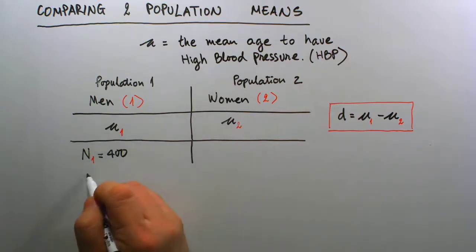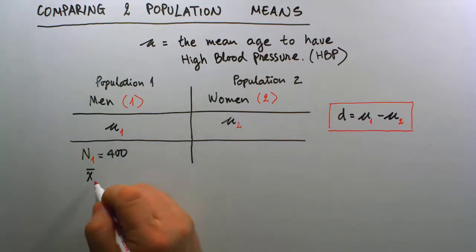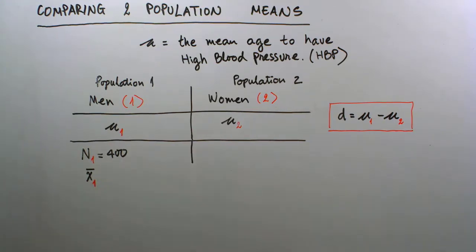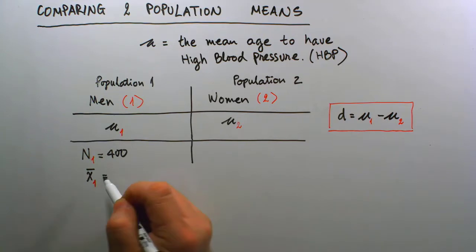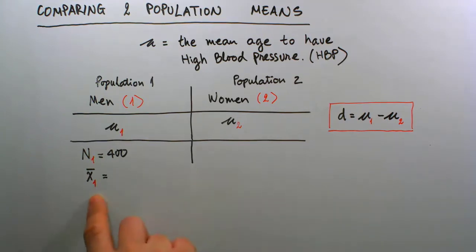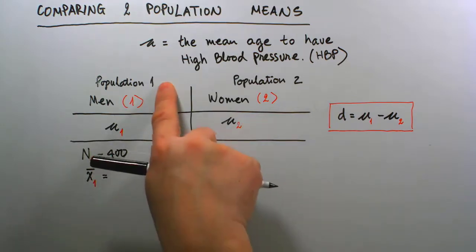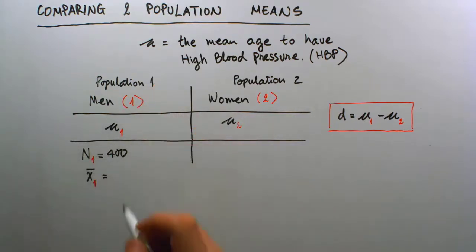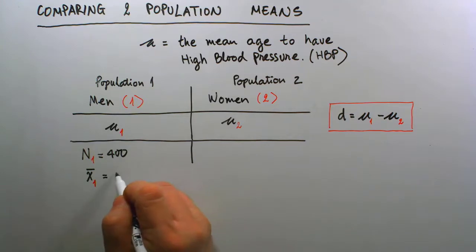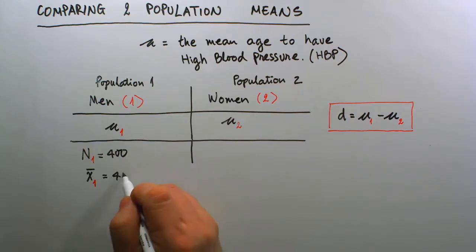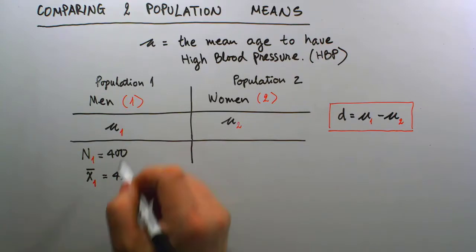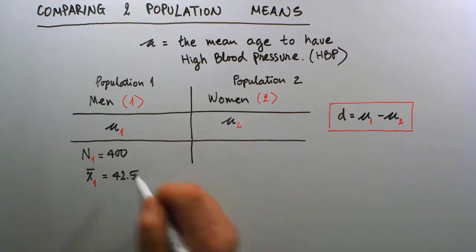The sample mean must receive the same numerical label, X bar 1. The subscript I'm using here is not to indicate the first sample or the second sample, but that this is the statistic that came out from population 1. From the screen, our sample mean from population 1 is 42.5.